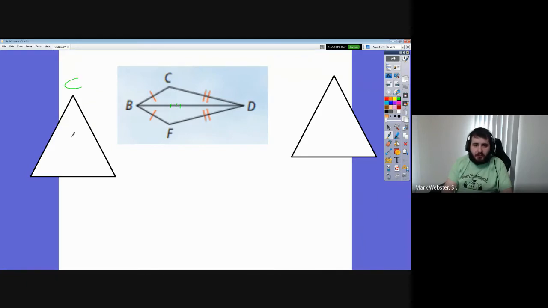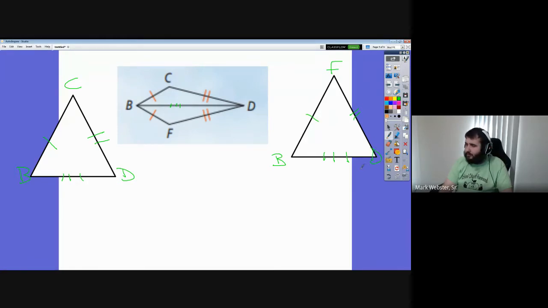I've got C up top, B on the left, D on the right. Between B and C is a 1. Between C and D is a 2. Between B and D is a 3. Let me transfer all that over here. And now let me identify all my pieces. Between the 1 and the 2, that's F. Between the 1 and the 3, that's B. Between the 2 and the 3, that's D.